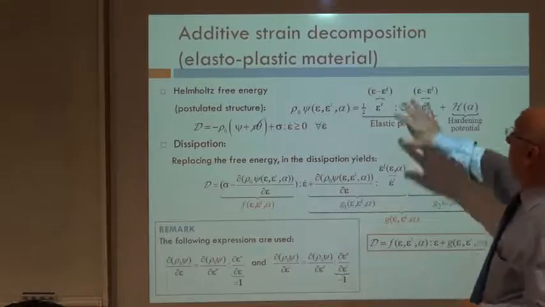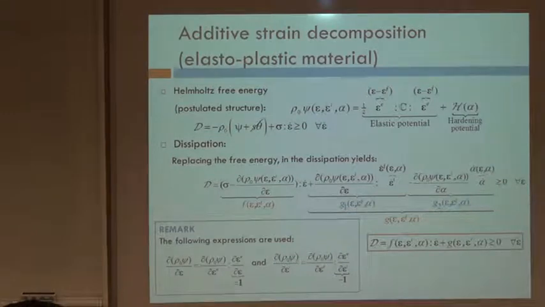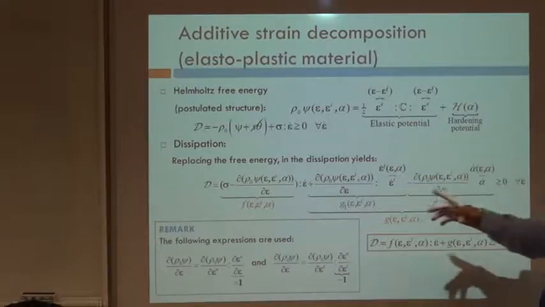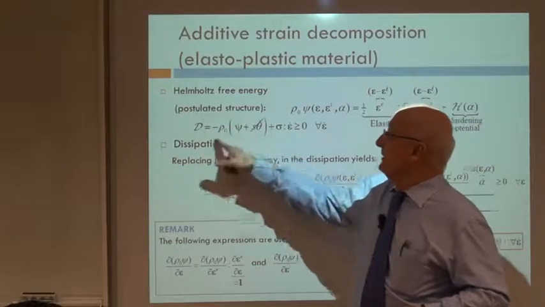Now that we have all the ingredients, the process of obtaining a constitutive model should be reduced to just operating. For this, we compute the dissipation. I recall that dissipation could be written like that.